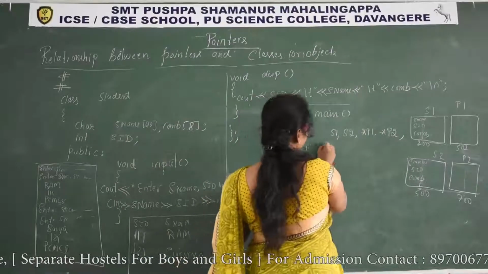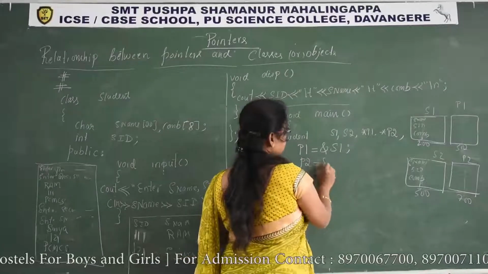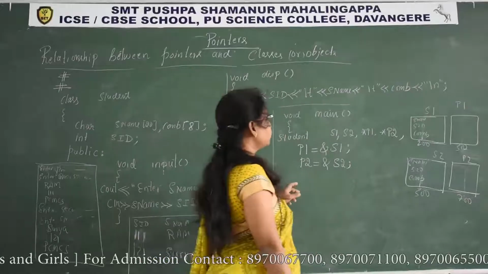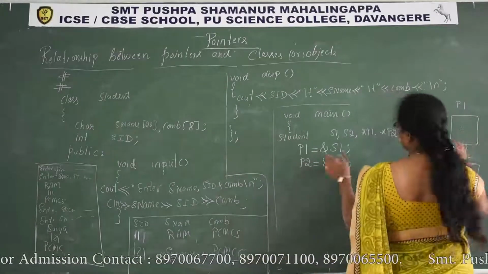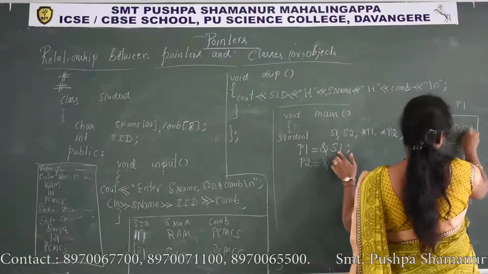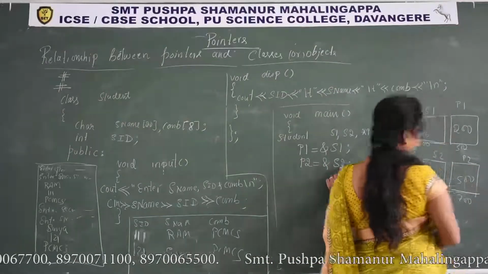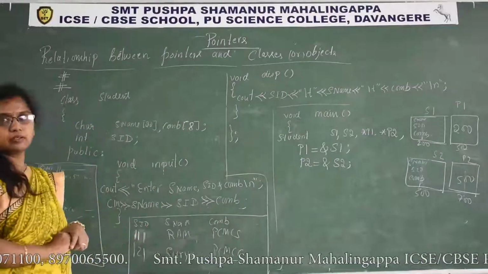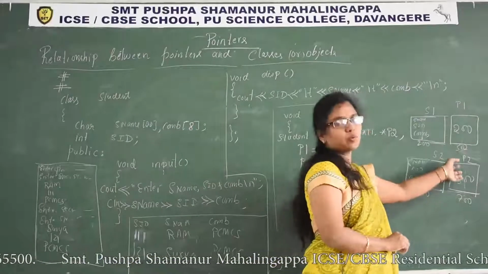P1 is equal to ampersand S1, P2 is equal to ampersand S2. In this way we store the addresses. So what is there in P1 right now? The address of S1, which is 200. P2, the address of S2, which is 500. So P1 is 200, P2 is 500. These two addresses are stored in these two pointers.